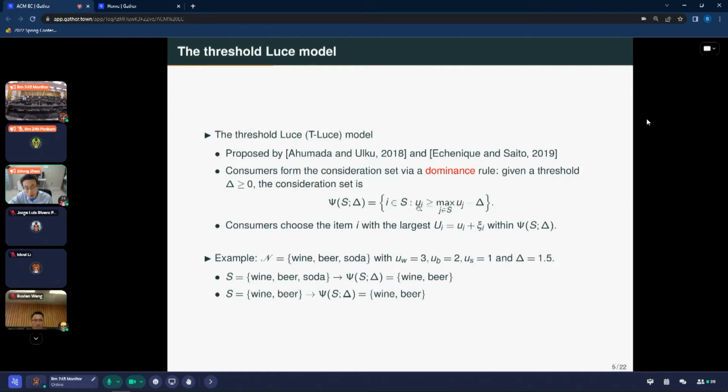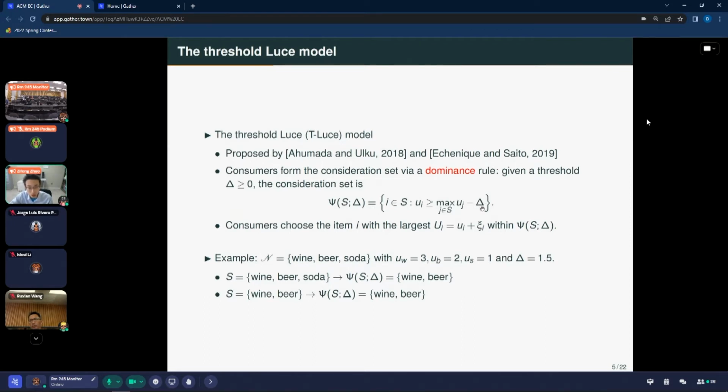So basically, the nominal utility, the prior knowledge of the consumer for the utility of item i, needs to pass a threshold, and the threshold is defined as this. It needs to pass the maximum nominal utility in this offer set minus a threshold, right? You can think of this delta as the tolerance of the consumer.